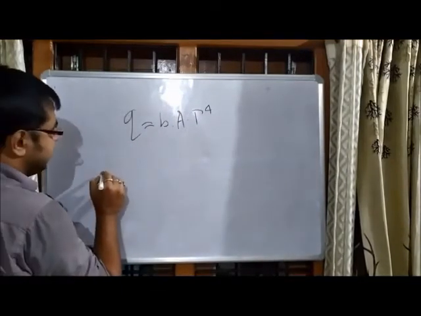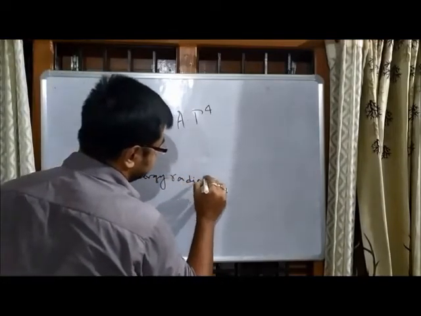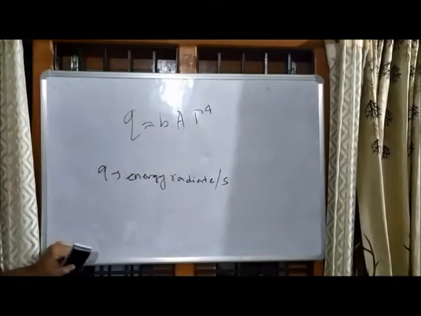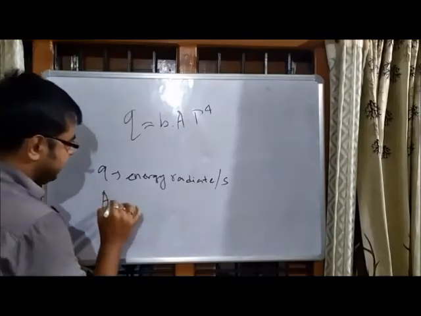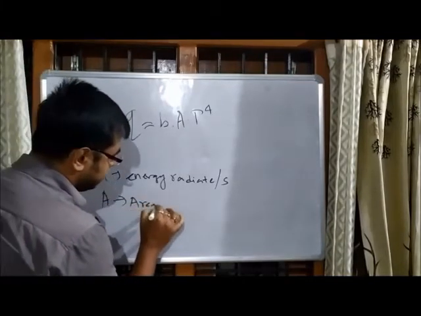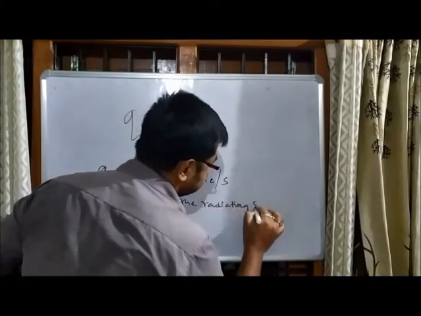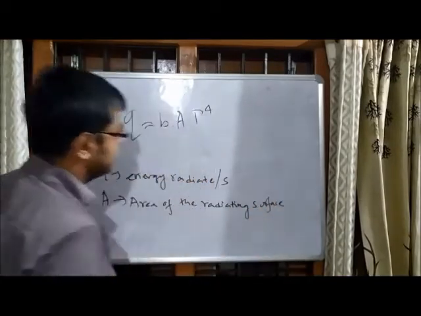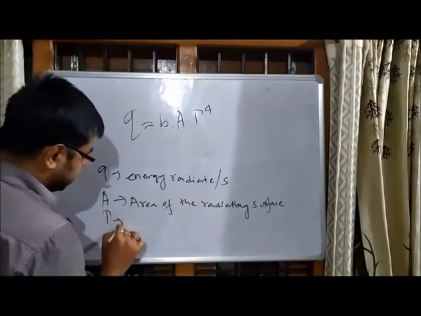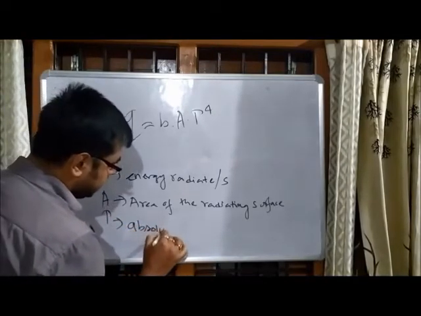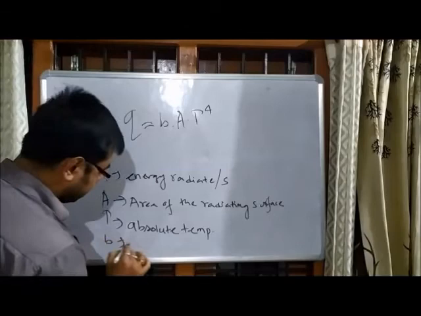A is the area of the radiating surface. T is the absolute temperature of the body, and B is the constant.